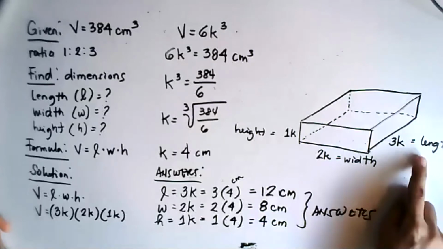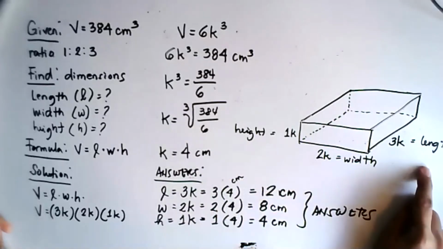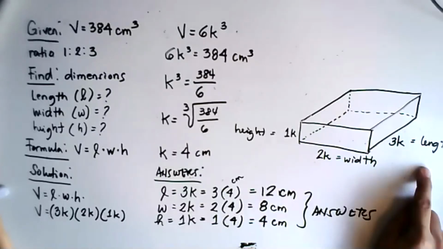May question po ako. Kapag po halimbawa, same volume, 384 cubic centimeters, tapos ang ratio po ay 2:4:6? Ganun din po. Depende lang kung alin yung na-represent mo. Basta make sure na naka-identify kung alin yung length, yung width, tapos alin yung height, unless otherwise given sa problem.